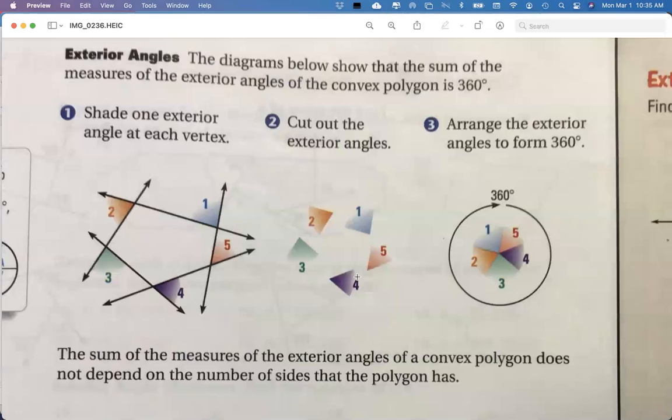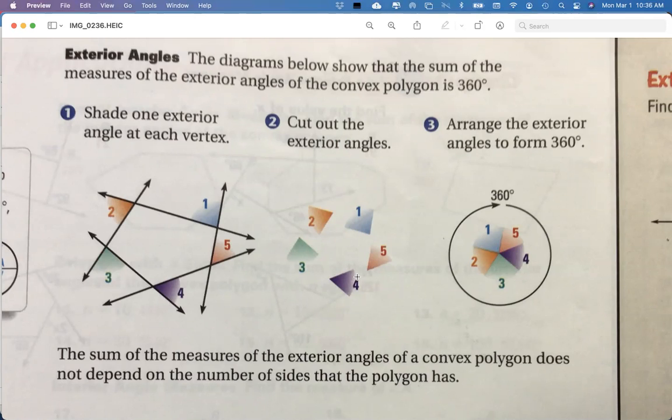If you look at these three diagrams here, and you look at the angles at each side, or at each outside angle, exterior angle of, say, this pentagon here, and you cut them all out, and then shaded them, and put them all together, they'll all fit right in here nicely in a circle. They'll all fit in there for 360 degrees.